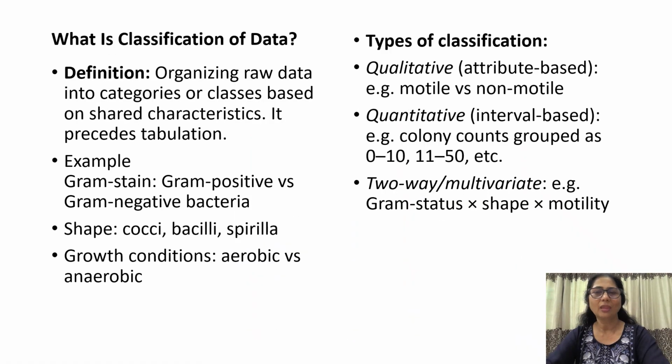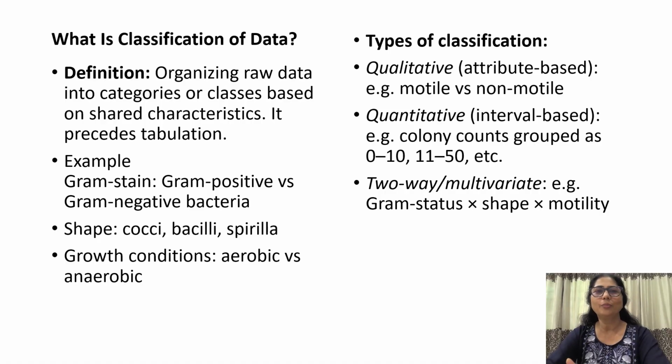The next one is how we classify the data. After collection, data is raw, and we can categorize it on the basis of similarity and resemblance into various classes.